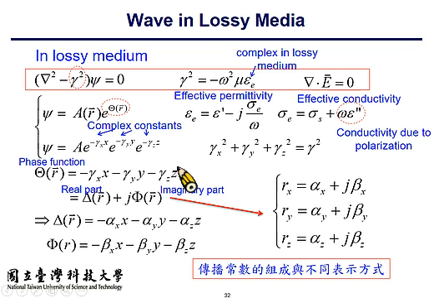So the general formation of epsilon E equals to epsilon prime minus j times sigma E over omega. So epsilon prime, the first term, is the ordinary permittivity. Due to what? Due to electric dipole moment. While the conductivity in the medium, that is the sigma E, is the cause for the wave attenuation.